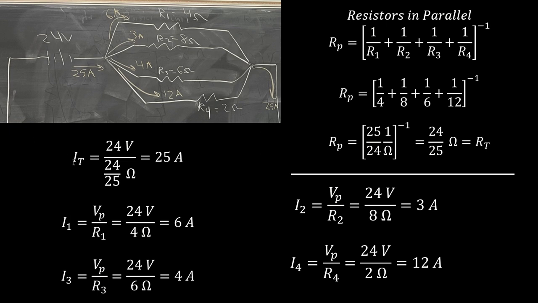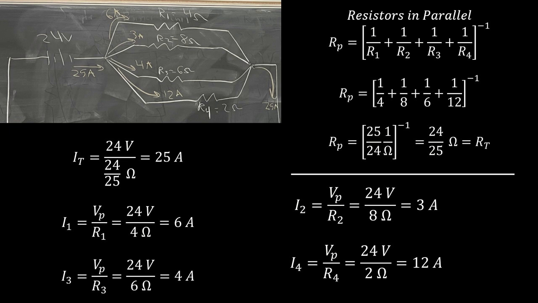We already have the total current as 25 amps. That's good to know. That tells us for all the current that flows through each of these individual paths, if our calculations are done correctly, those currents should add up to the main current. Because as 25 amps breaks apart into different paths, it will all come back together and flow as 25 amps once all those branch points come back together at that node.